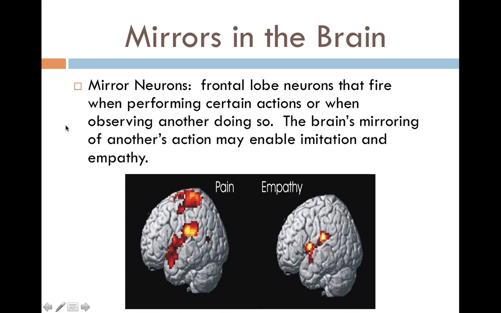One concept associated with observational learning is called mirror neurons. They are frontal lobe neurons that fire when performing certain actions or when observing others doing so. The brain's mirroring of another action may enable imitation and also empathy. So in the illustration here, you actually see images from a PET scan, positron emission tomography.